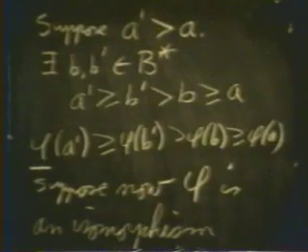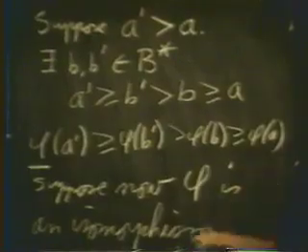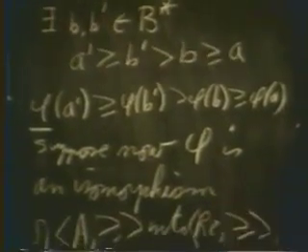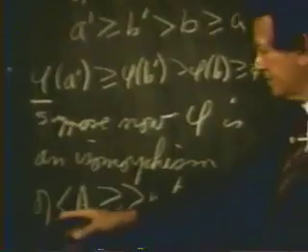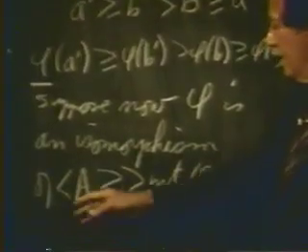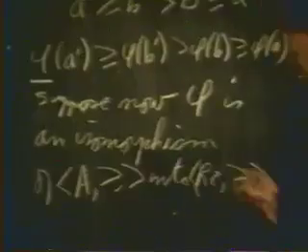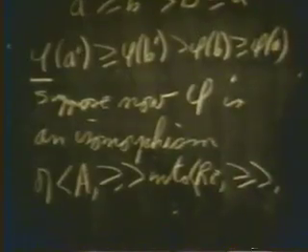The inference now the other way is similarly easy. Suppose phi is an isomorphism of the simple order into the real numbers under the natural ordering.